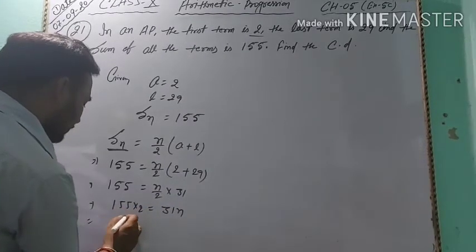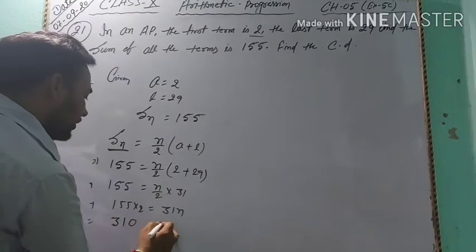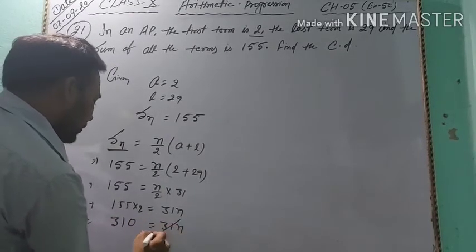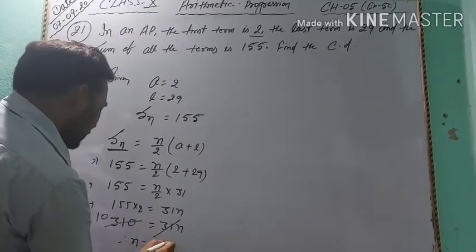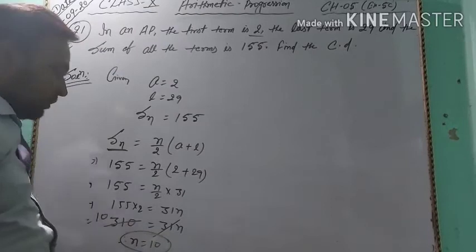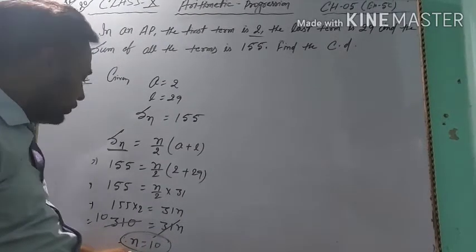So 310 equal to 31n. 31 tens are 310. So n equal to 10. Total number of terms in this AP equal to 10.